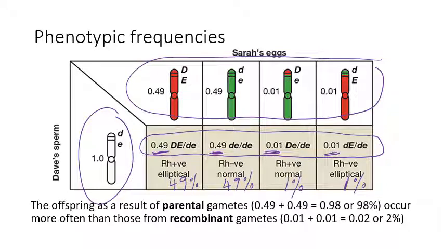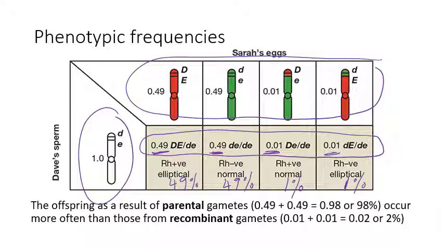Okay, so it is very, very unlikely that Sarah would undergo crossing over where the D and the E allele would be able to swap or form those recombinant gametes, a 1% chance for each of them, or 2% in total, and it is highly likely that if Sarah and Dave were to reproduce, they're probably going to produce an offspring that has the parental combinations from Sarah.